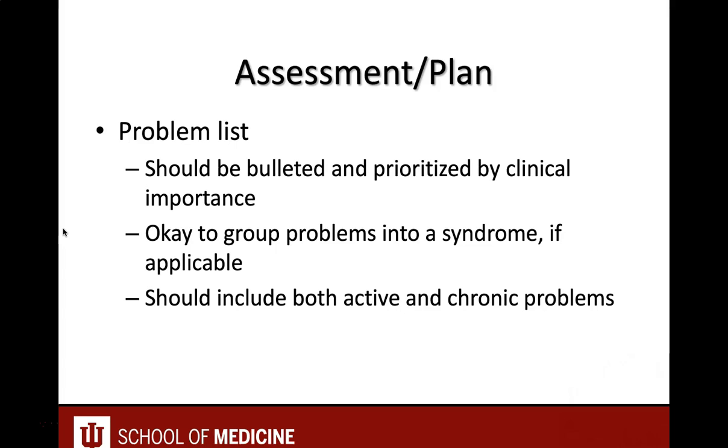For instance, if you have a patient with leukemia, and this patient has pancytopenia, you're welcome to leave pancytopenia under the leukemia problem, but you still need to show that this problem is present, even though you're grouping it into a syndrome. The other way to handle this is to include leukemia, and then on the second line as problem 2, you could include pancytopenia.